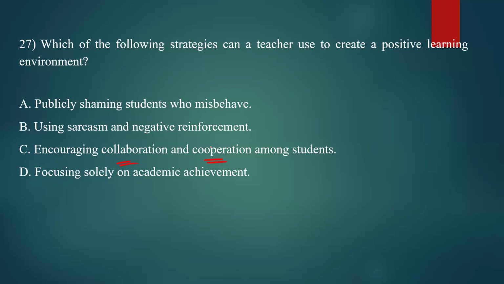For creating a proper classroom and a positive learning environment, collaborative and cooperative learning are the best methods because students are engaged and working in a group. So active learning will be there, and a positive learning environment should be there. Both have equal importance, especially for 21st century skills.